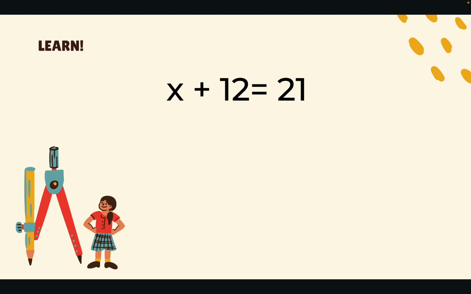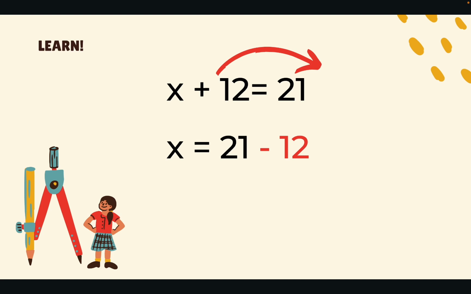Correct. That will be minus 12 or negative 12. So now we have x is equal to 21 minus 12. Let us solve 21 minus 12. Then we get 9. So x is equal to 9.